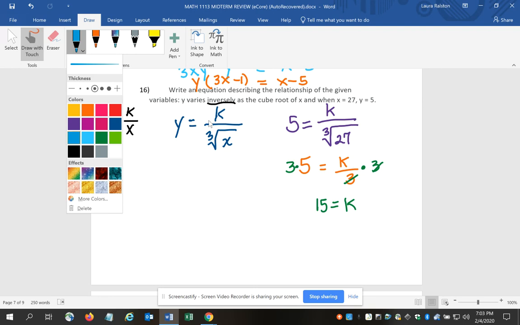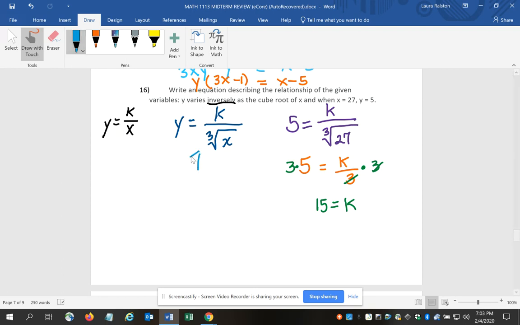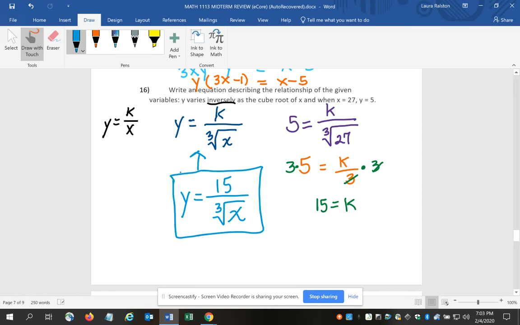And so I go back to my original equation here, and I substitute in k. So I have y equals 15 over the cube root of x. And that is the equation that represents the relationship that's given in the problem.